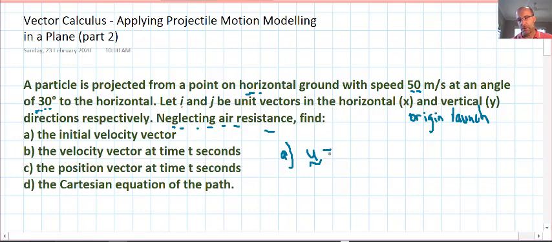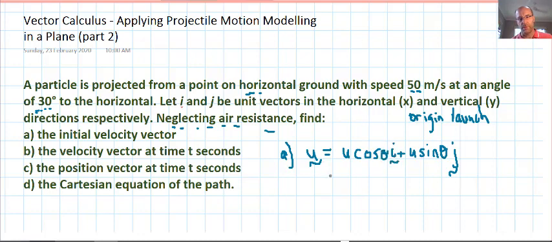So we saw previously that the initial velocity is u equals u cos theta i plus u sin theta j. Oh no, look what I did, abracadabra, and it's fixed. There we go.